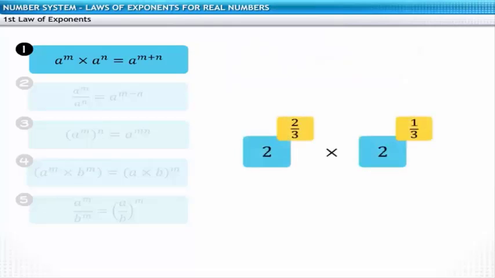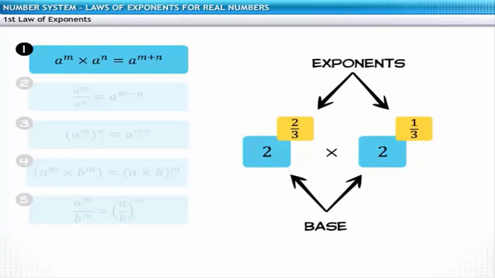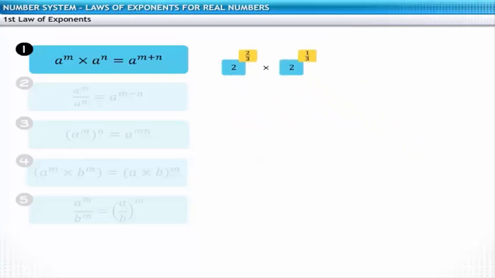Let's consider another example. Here, 2 are the two bases with exponents 2 upon 3 and 1 upon 3. Now, let's simplify it.